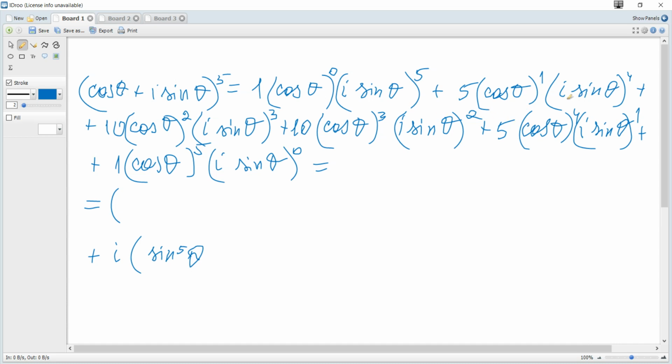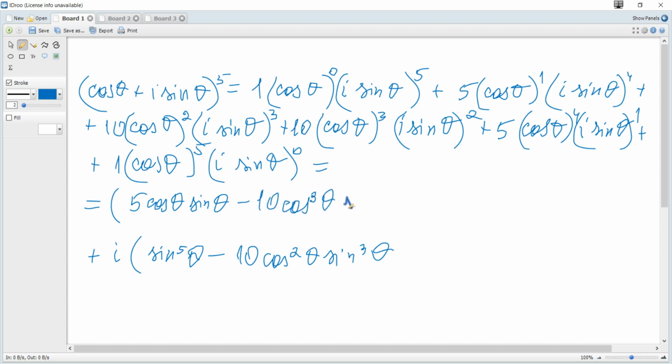And i^4 is 1, so it's plus 5 cos θ sin^4 θ, and it's the real part. And i cubed is negative i, so it's negative 10 cos^2 sin^3, and i squared is negative 1, so negative 10 cos^3 sin^2.